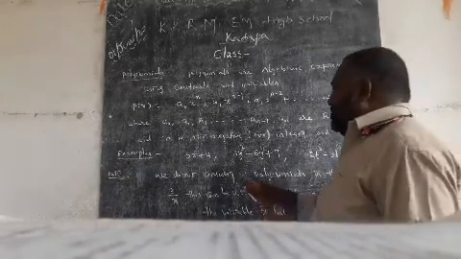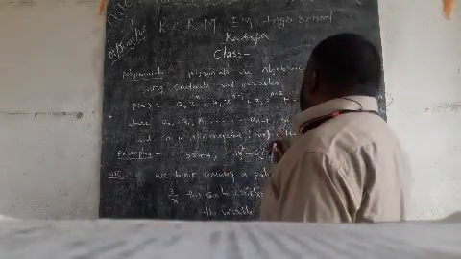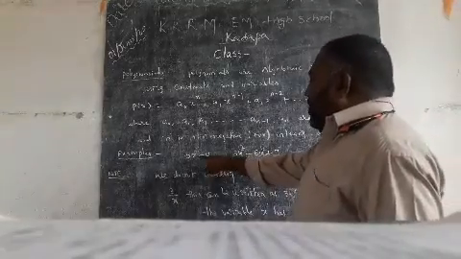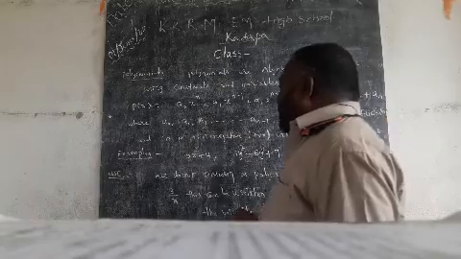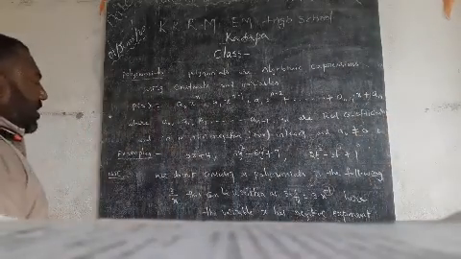So a polynomial consists only of non-negative integral powers of the variable. Then we consider it as a polynomial.